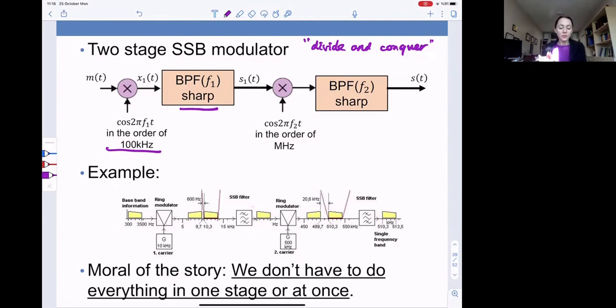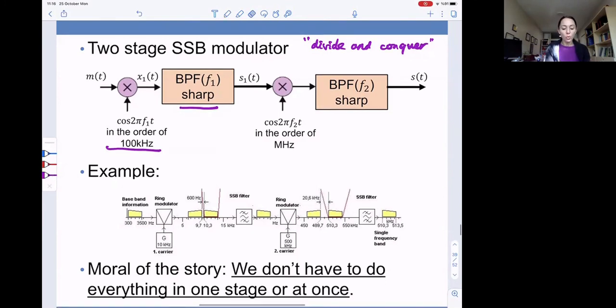So that is why if we divide this operation into stages and use first of all a low center frequency F1 and a sharp filter there, and then take the SSB modulated signal, which now has a DC null built in, and then translate it into higher frequency, we can solve this problem.